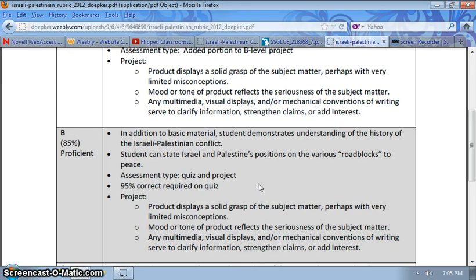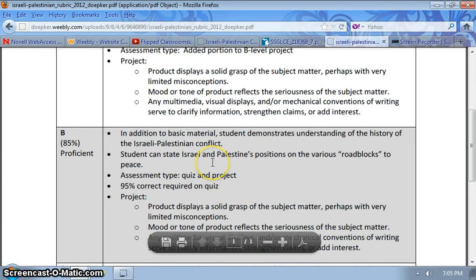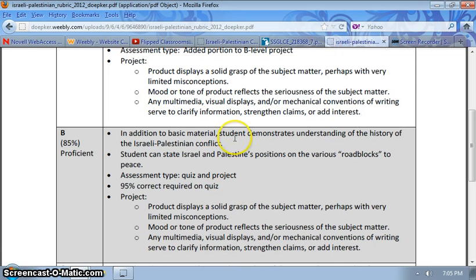Basically, this covers the various events in a timeline fashion that have occurred in the Israeli-Palestinian conflict. After this quiz, they'll move on to start their project, and in the project they will be exploring various resources to come to an understanding of these various roadblocks to peace.